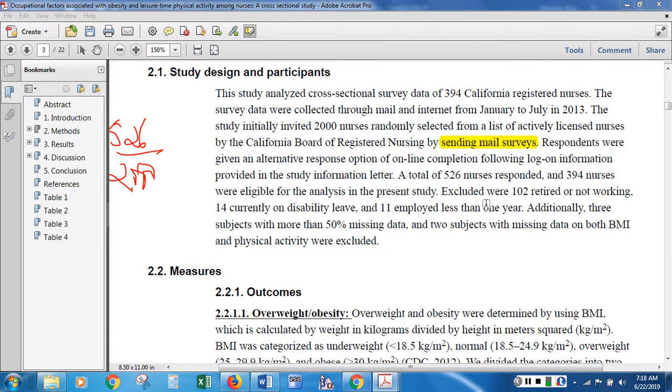So people filling out mail surveys may be more frustrated because it's just paperwork to fill out, whereas online surveys may actually be easier to take. And so you can point out inconsistencies in the data collection processes as potentially affecting how people respond to the surveys. But that's also a point that you could choose to raise if you wanted to.